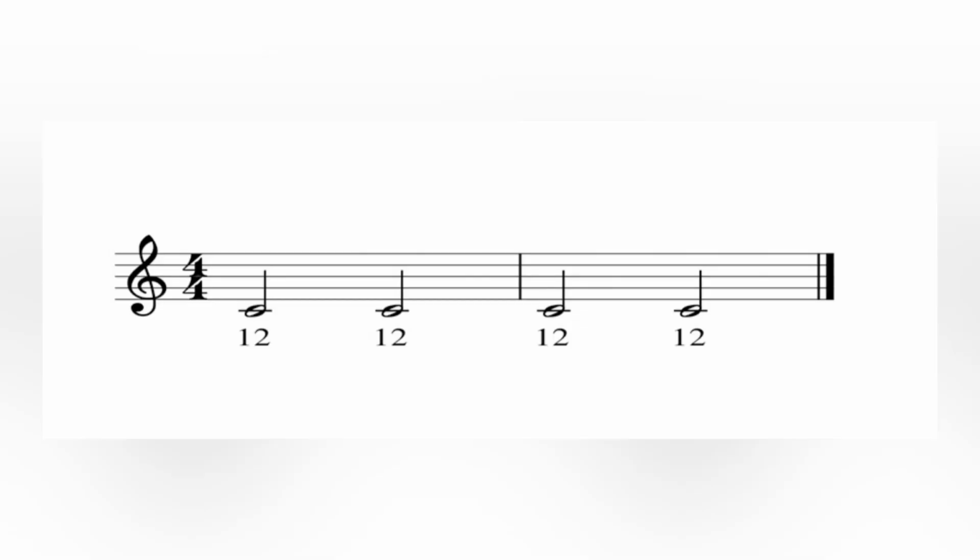So for each minim or half note, we shall count 2, like this. 1, 2, 1, 2, 1, 2, 1, 2. So we have the same number of notes, which is 4, but given different values or assigned different note durations.